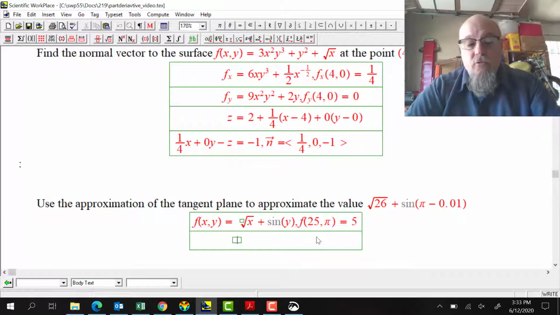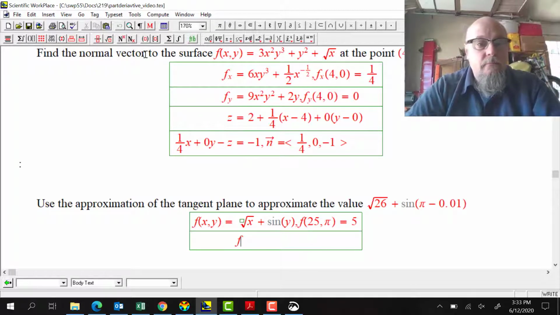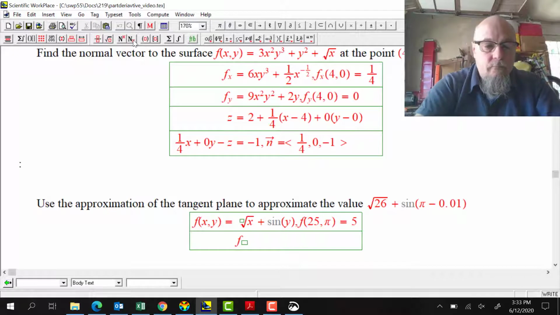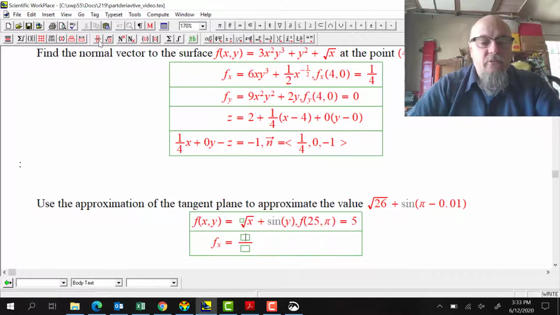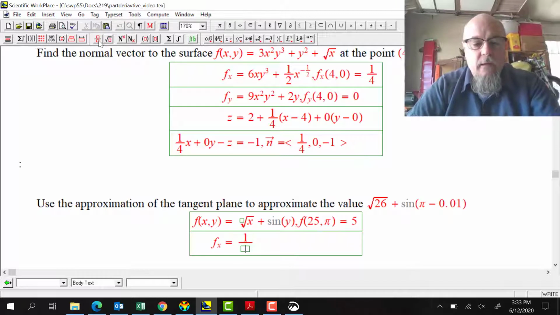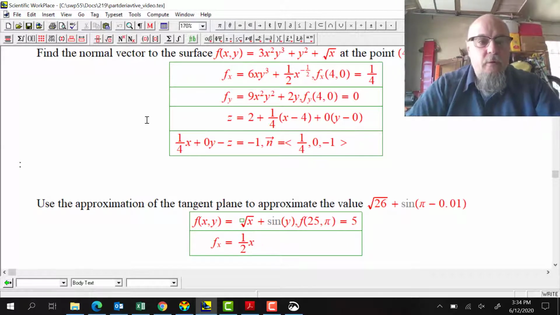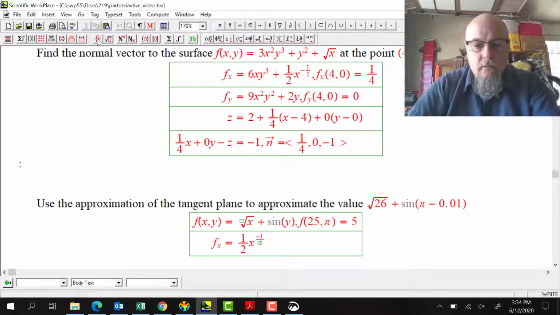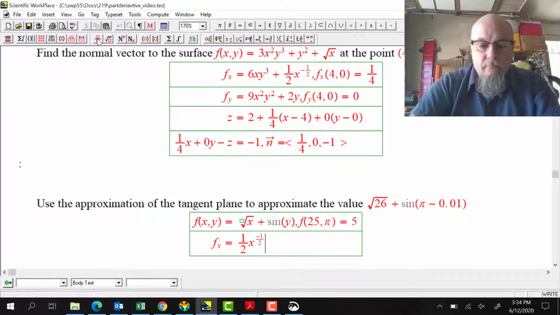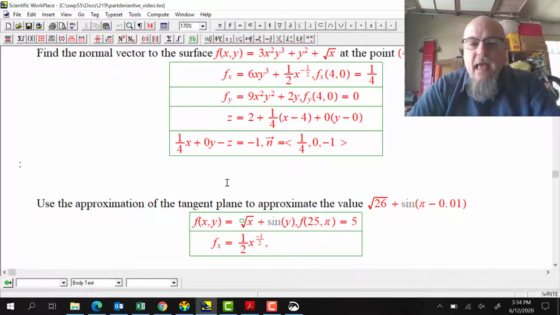So I need the two partial derivatives. Taking this derivative with respect to x, subtract 1 from the exponent, so x to the minus 1/2. I need that evaluated at the point. The derivative of the sine term here is 0. I need it evaluated at the point 25, pi.